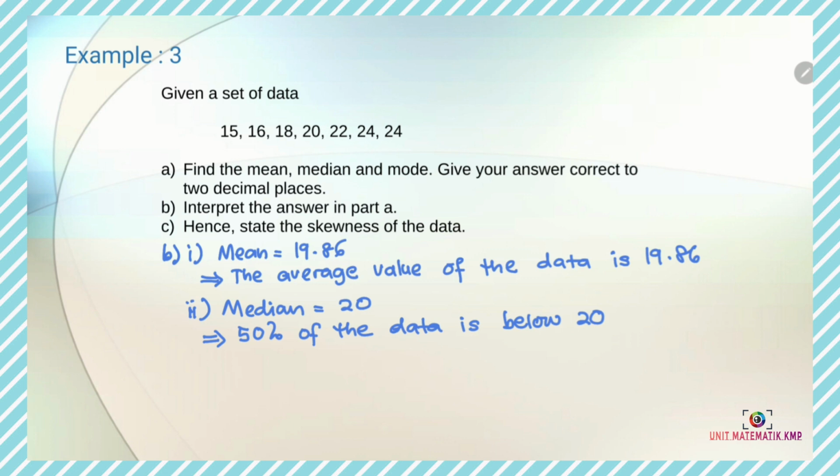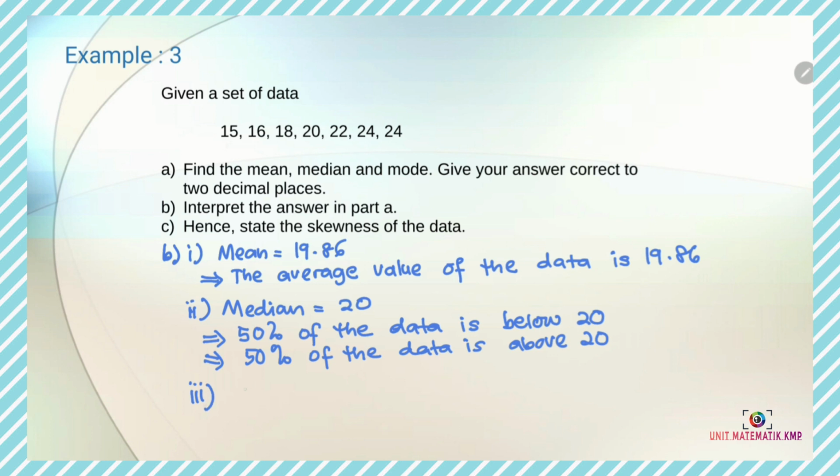Or you can also write 50% of the data is above 20. Okay, you can choose either one.